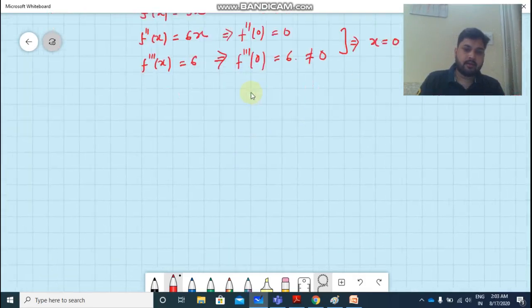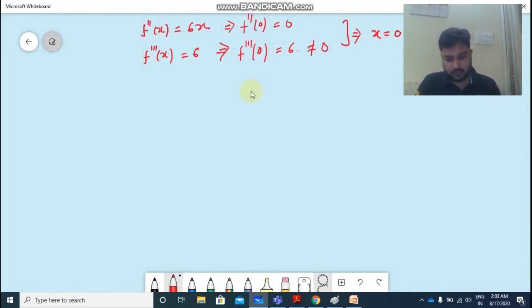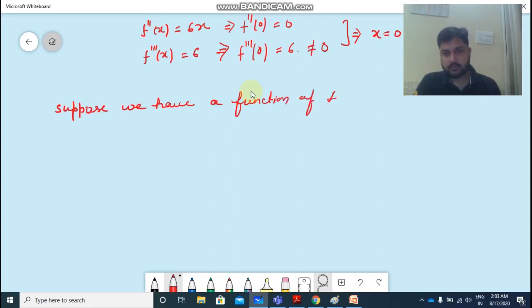Now we will start with the function of two variables, and we will try to find its critical points, saddle point, and then its local maxima and local minima. So suppose z is equal to f(x,y).